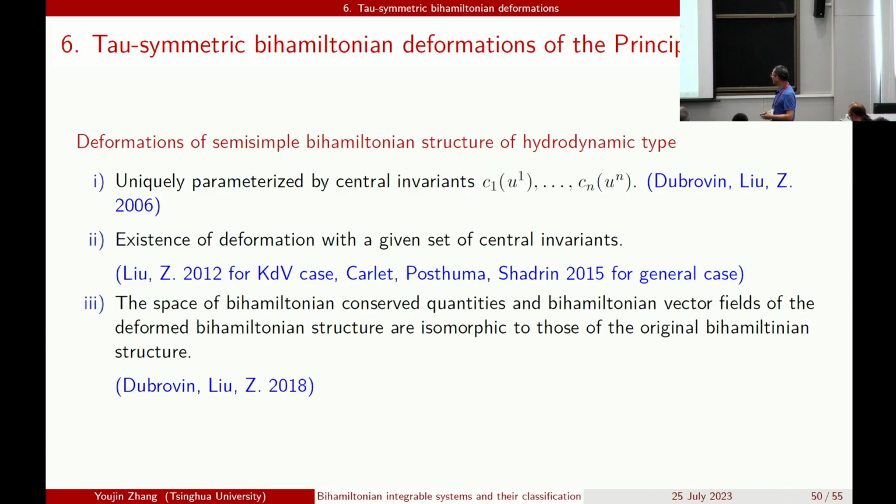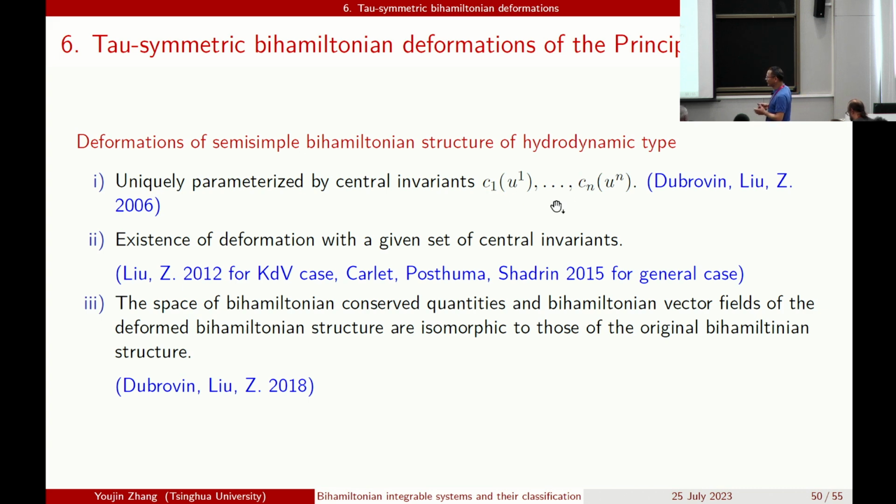Then what we are actually interested in is to consider their deformations. For example, we have the dispersionless KdV. Then we want to recover the KdV. So starting from any bihamiltonian structure of hydrodynamic type, if we impose semi-simplicity, we can classify their deformations. It turns out that these deformations are parameterized by certain functions of a single variable, which we call c1 to cn.